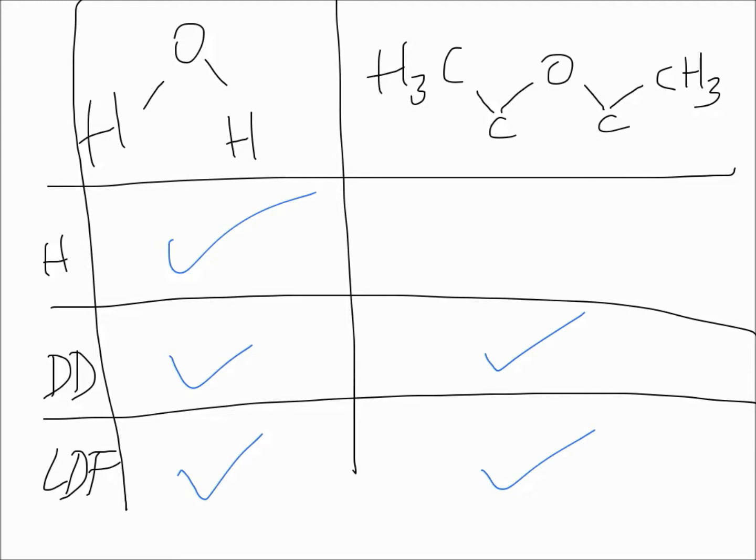The boiling point is going to be lower than water's, but it doesn't mean it's going to be low. For water, the boiling point is 100 degrees Celsius, and for diethyl ether, I think it's less than 50, so it makes sense.